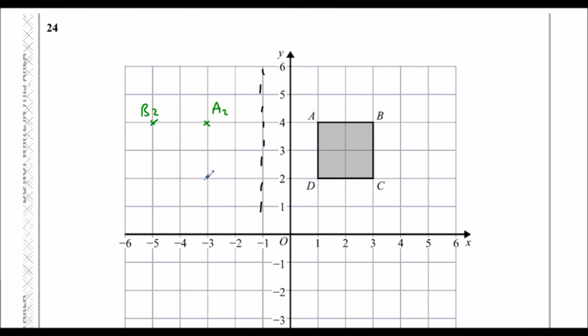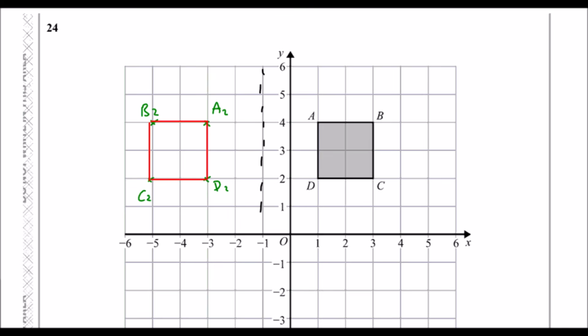D was 2 away, so D's here. And C was 4 away, so that's the point C there. So that's the first transformation. And now we need to rotate this square, so 2 of these points are back where they started.